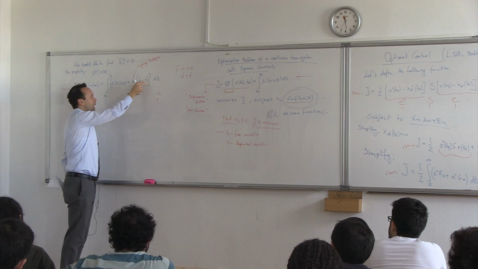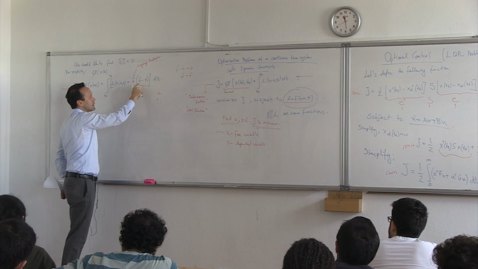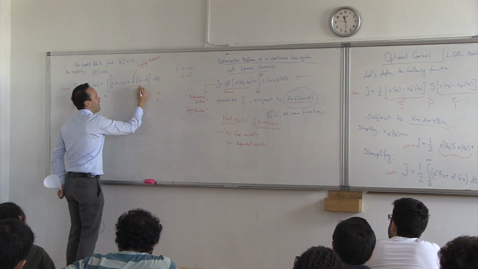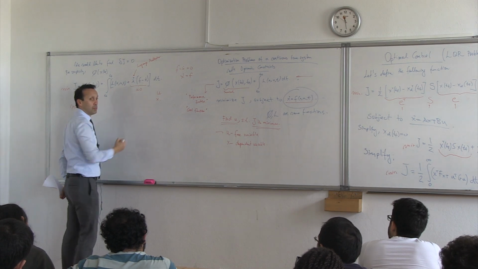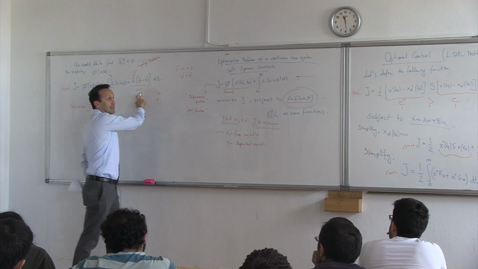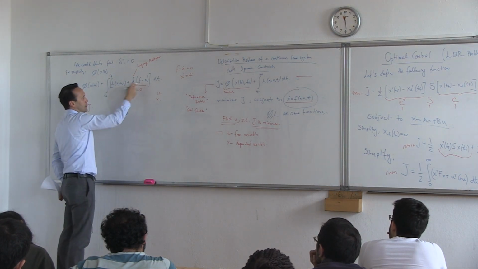So how do I make this really small? The way I make this small is if f is equal to x dot. So f minus x dot is almost like I'm trying to add a 0 into the problem. Because x dot should be equal to f, I'm trying to add a 0. But it's not exactly 0 because the problem doesn't know about f and x dot.